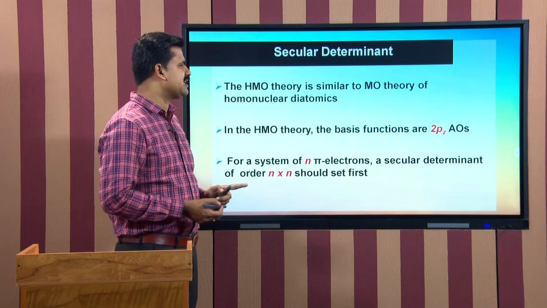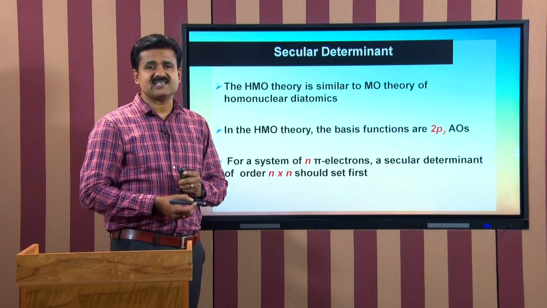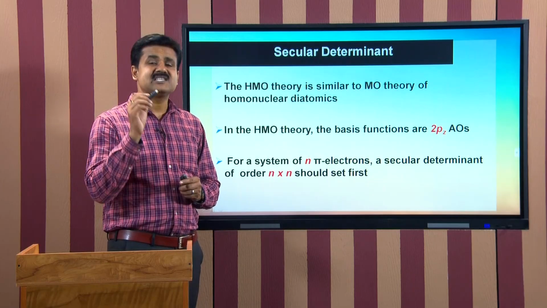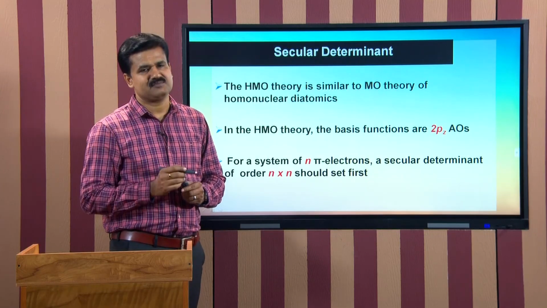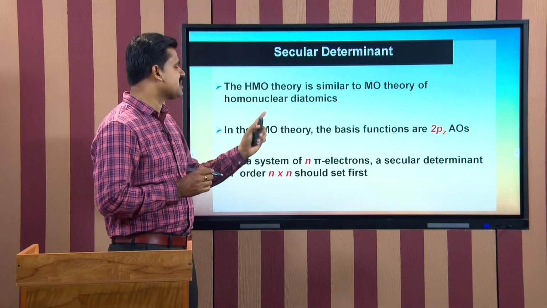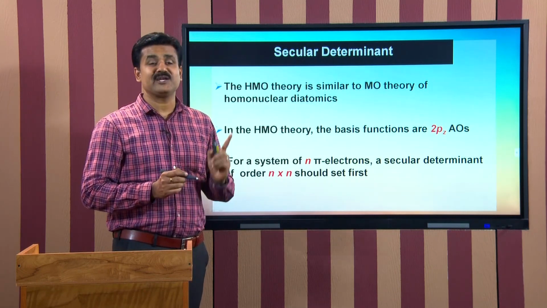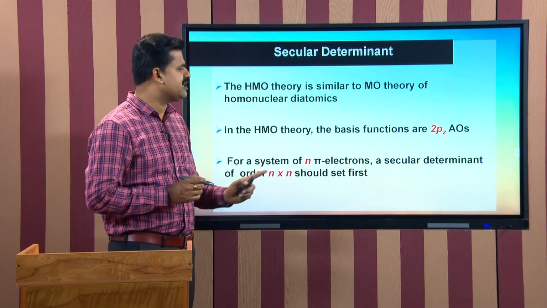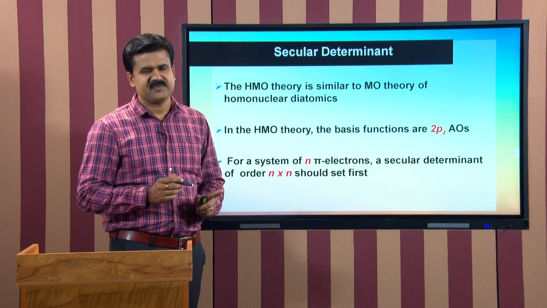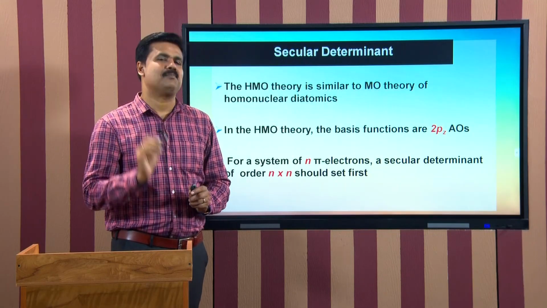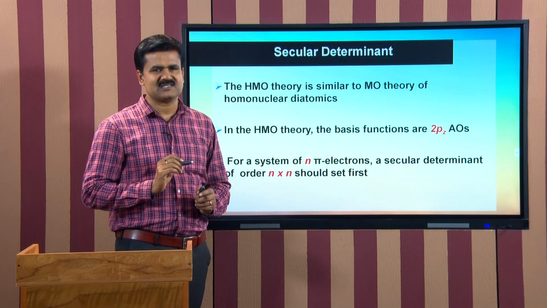In HMO theory, the basis functions are typically the 2pz atomic orbitals situated on each carbon atom. For a system consisting of n pi electrons, a secular determinant of order n by n should be set first. This is the first stage of HMO theory application to conjugated systems.